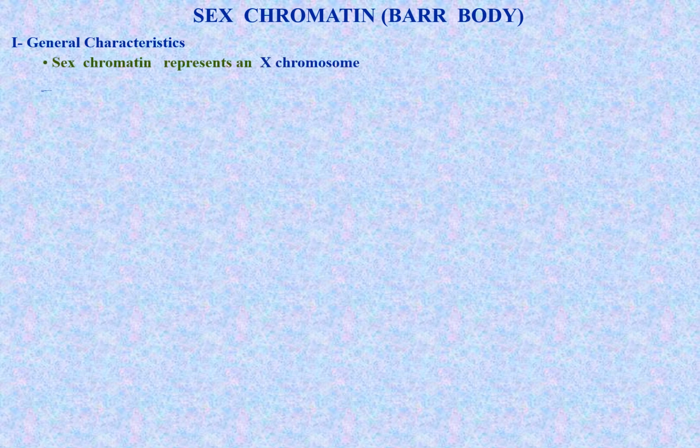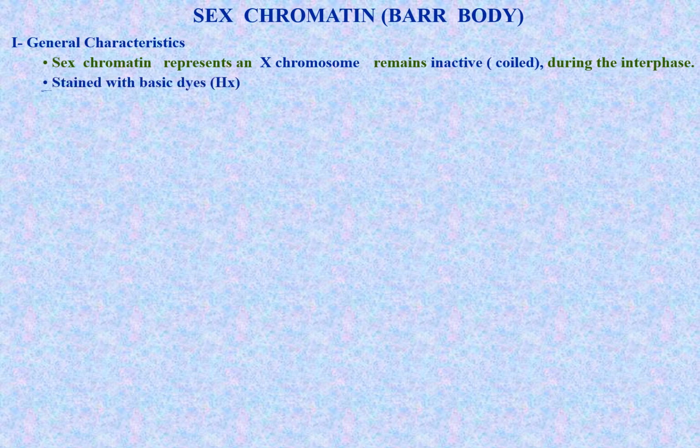Sex chromatin or Barr body. General characteristics. The sex chromatin represents an X chromosome which remains inactive, that is, coiled during the interphase. It is stained with basic dyes, hematoxylin, and is Feulgen positive.